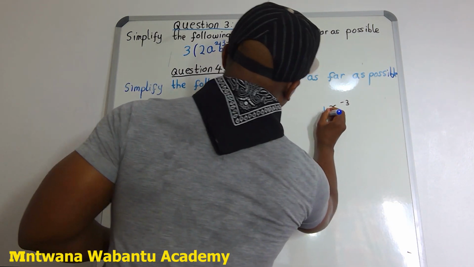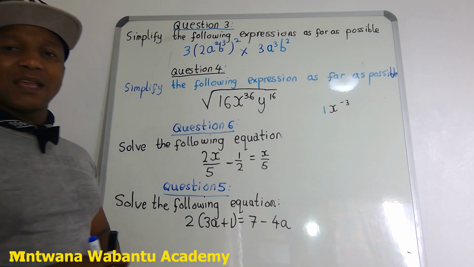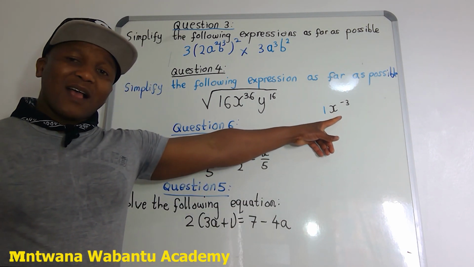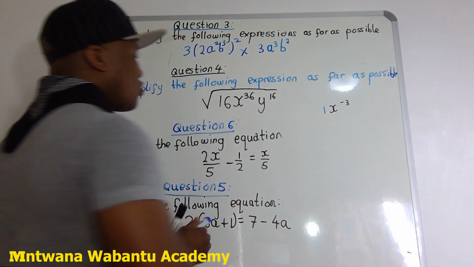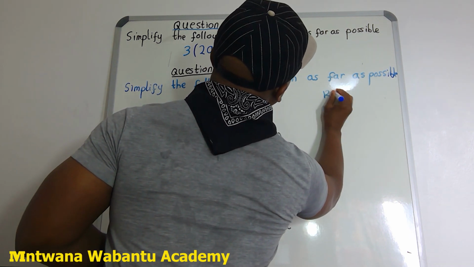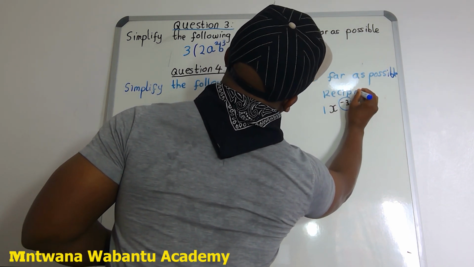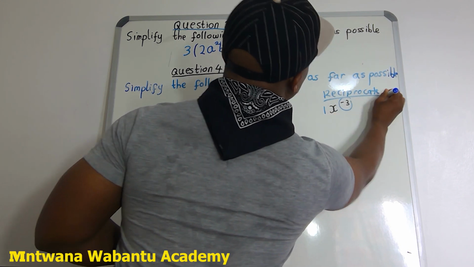So whenever you do your calculation, at the end of the day, you don't leave your final answer like that. You have to do something about it. Only when this power is negative, you have to reciprocate. This you call reciprocation.